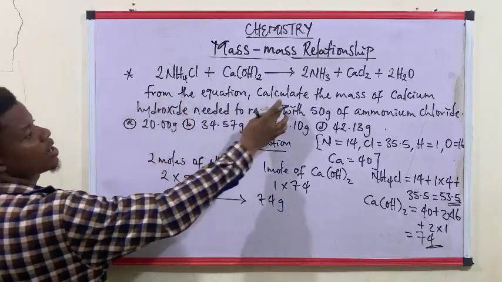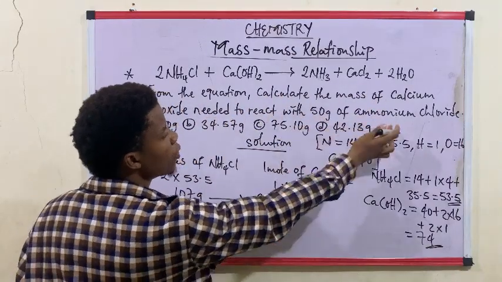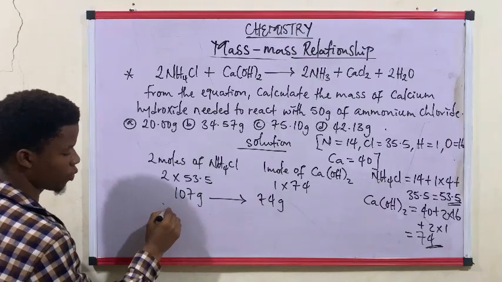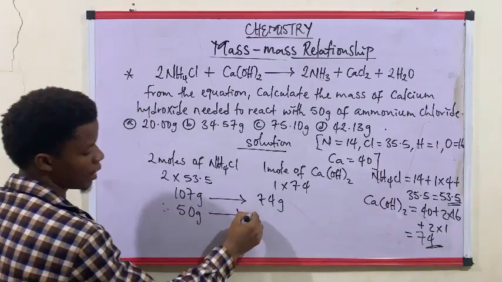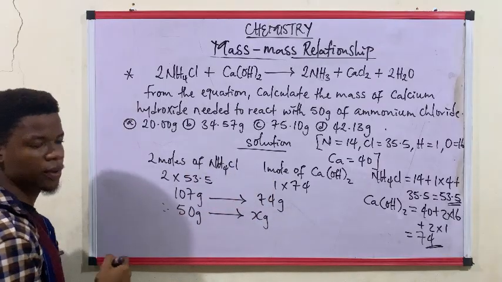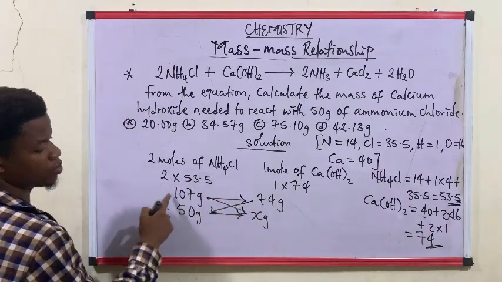Now the question says, calculate the mass of calcium hydroxide needed to react with 50 gram of ammonium chloride. So 50 gram of ammonium chloride will require how many grams of calcium hydroxide? So we cross multiply and divide.